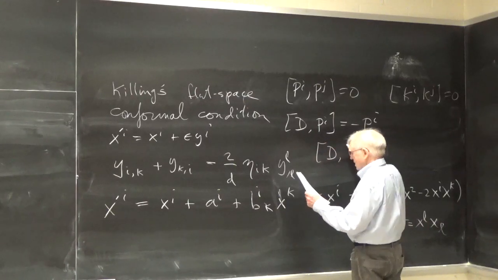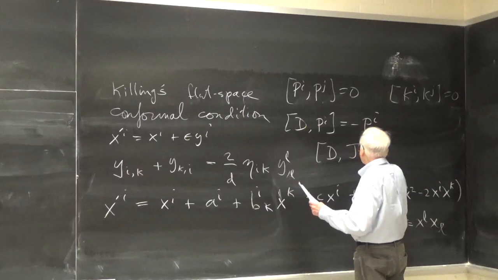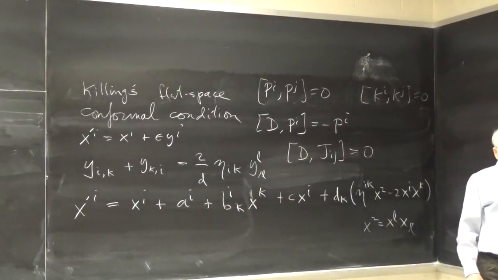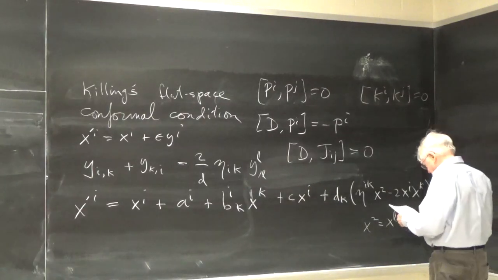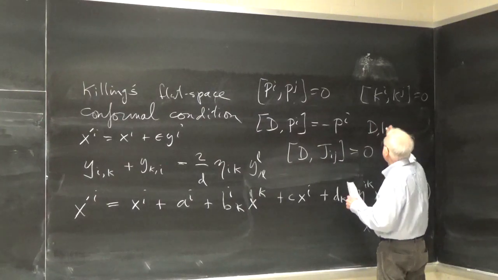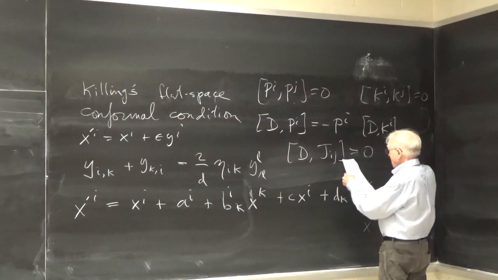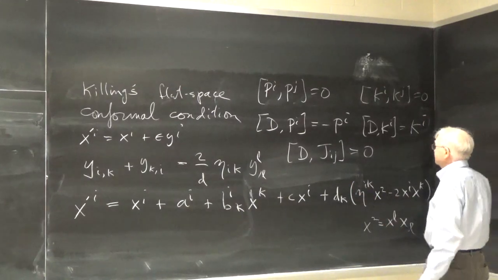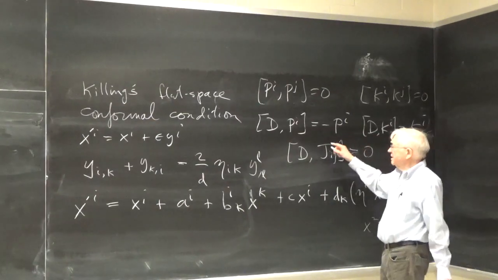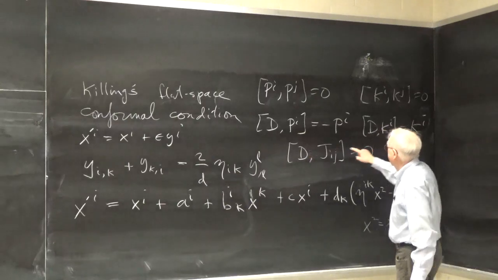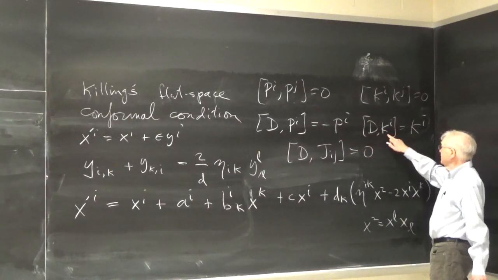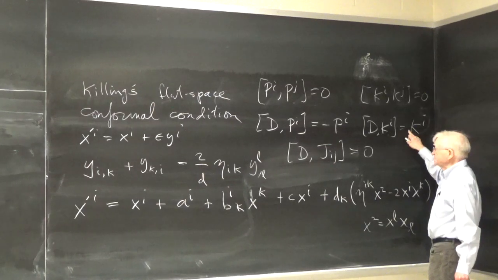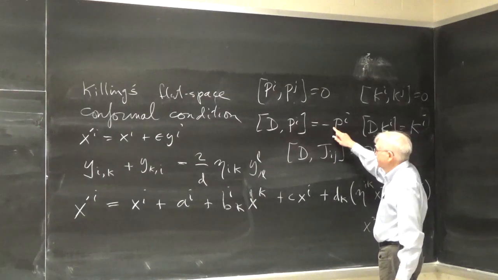The commutator of the dilation operator with the generators of Lorentz transformations is 0. That's saying that the dilation operator is a scalar under Lorentz transformations. The commutator of d with ki is ki, and these two things are similar, namely that 4 vectors dilate, and this one dilates with a positive 1, and this dilates with a minus 1.